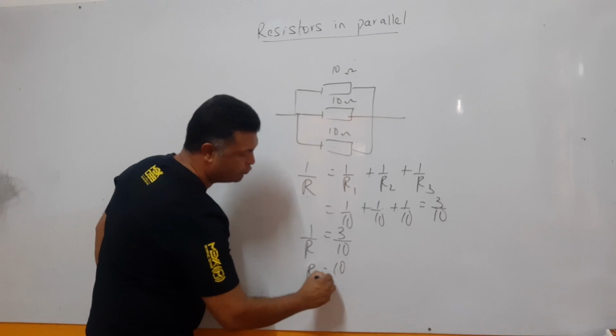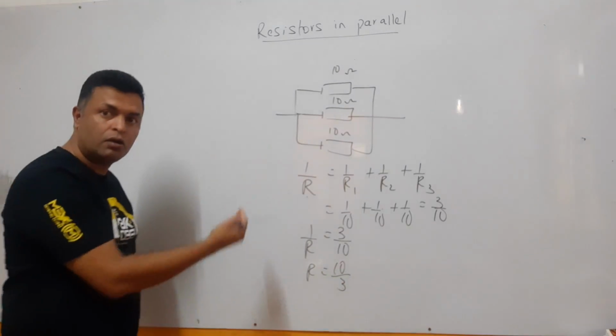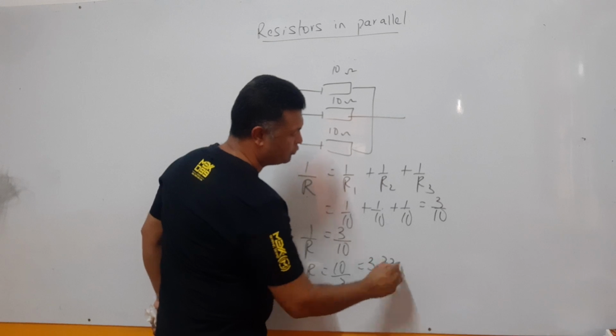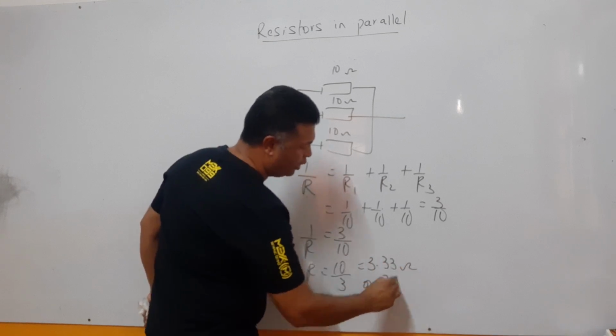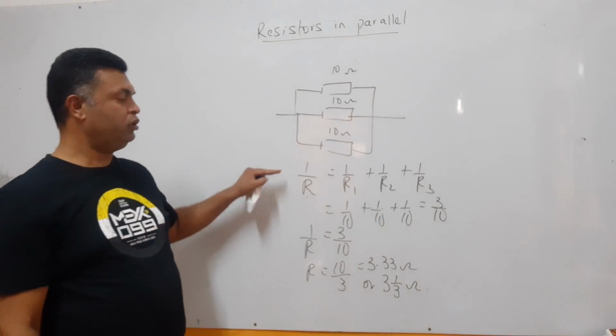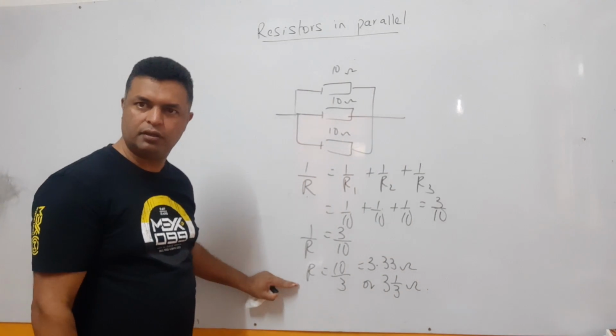R is 10 over 3 because I have to take the reciprocal. This gives me 3.33 ohm or 3 1/3 ohm. Now, this is the equation, the substitution, the final answer.